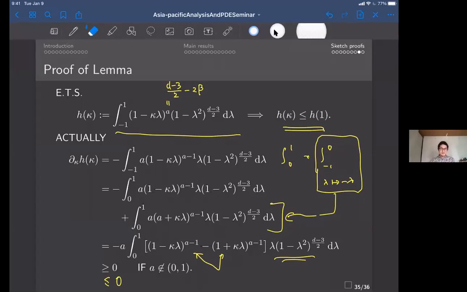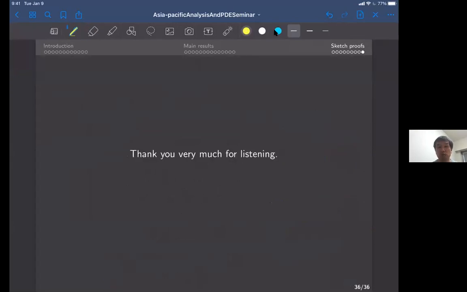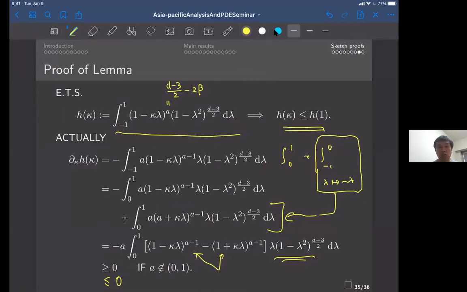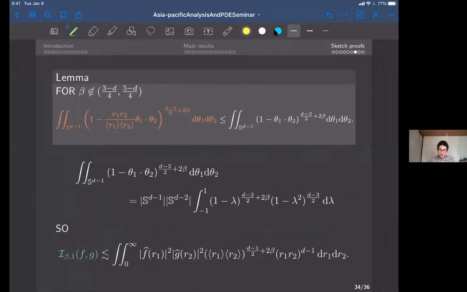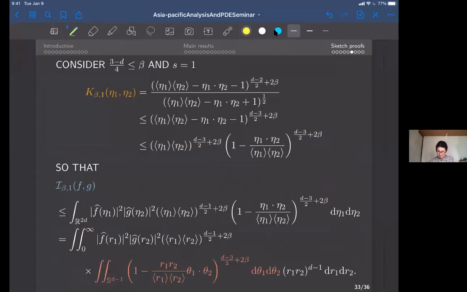Okay, I see. It's quite fundamental. But you have to integrate. To obtain such an inequality, you have to integrate over the sphere. Yes, because after the polar coordinate, we only have the angular information here, so that's why it is the integral over the sphere anyway.